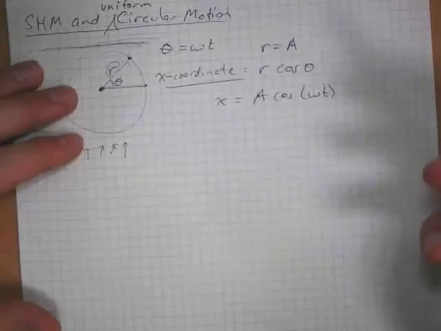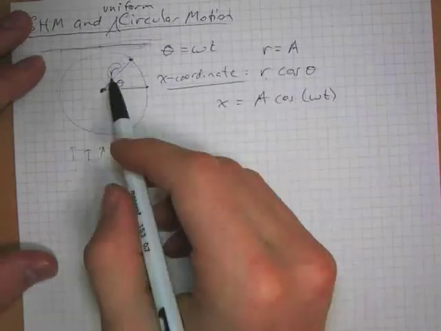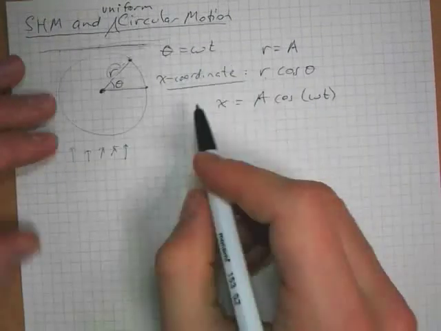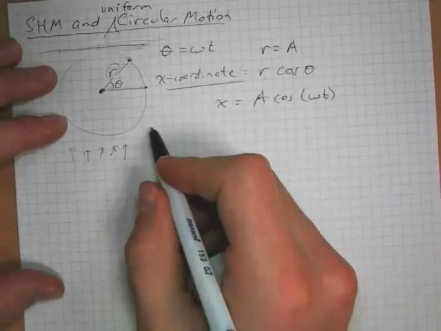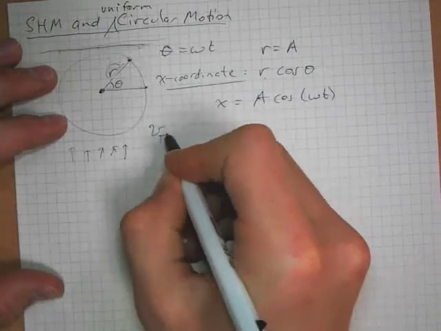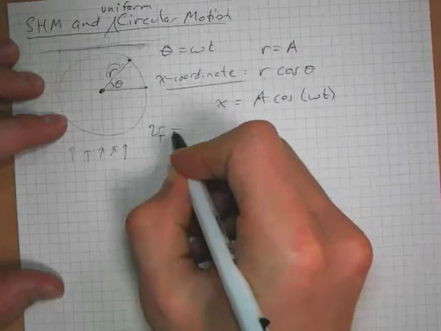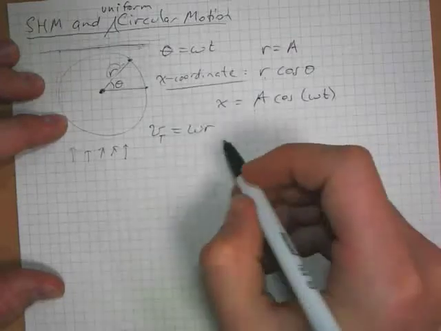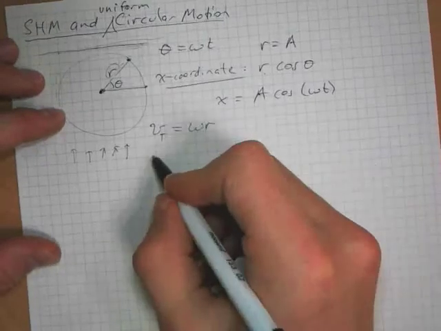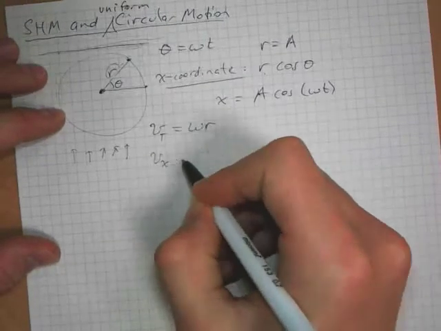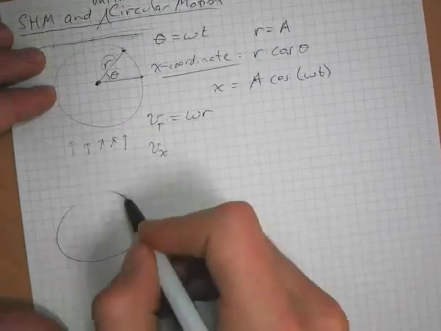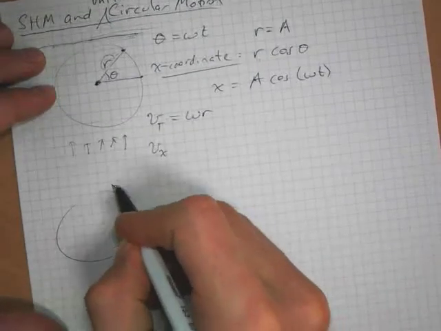Continuing the connection, we know that we're moving around with some angular velocity, omega, and we know that our tangential velocity is related to omega. The simple relationship is omega r. So if we consider the x component of this tangential velocity, we look at a point on the circle, the velocity is this way.